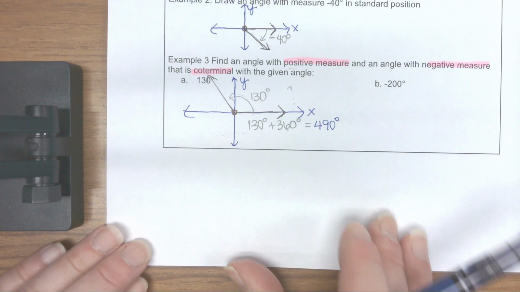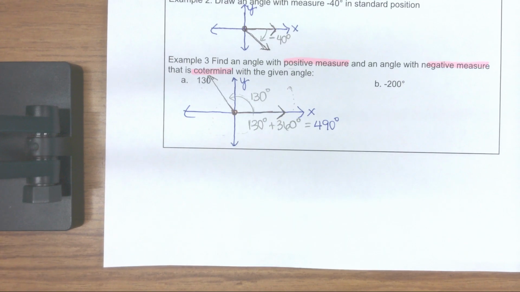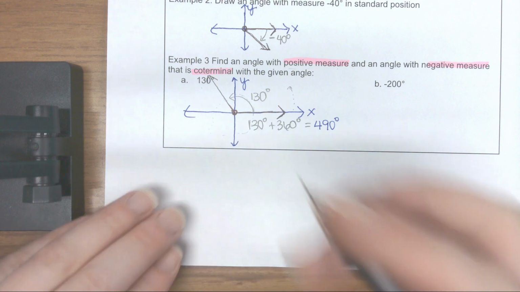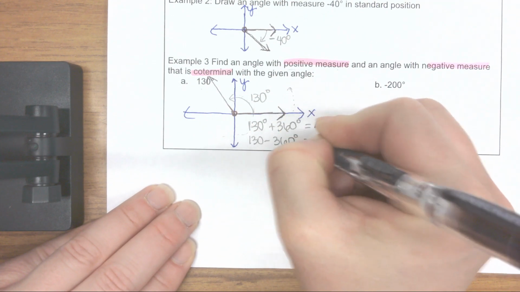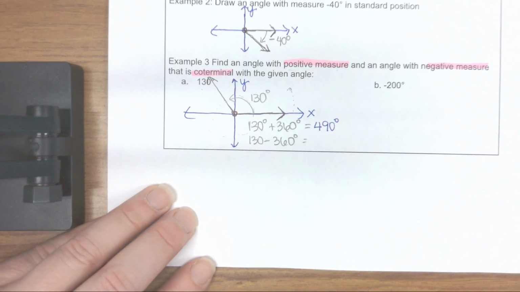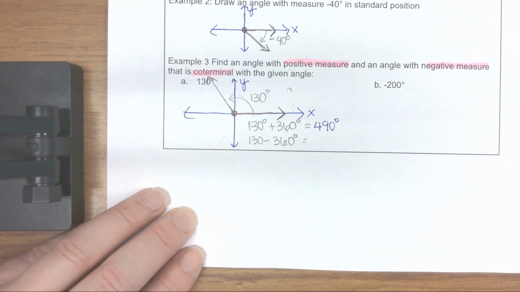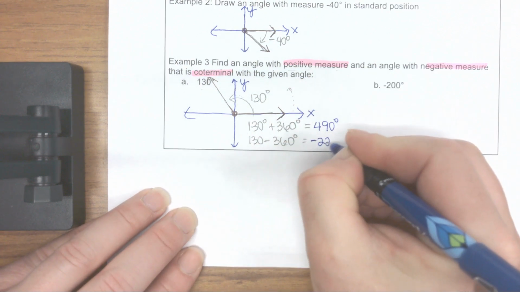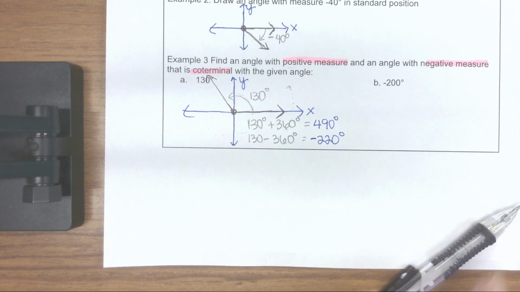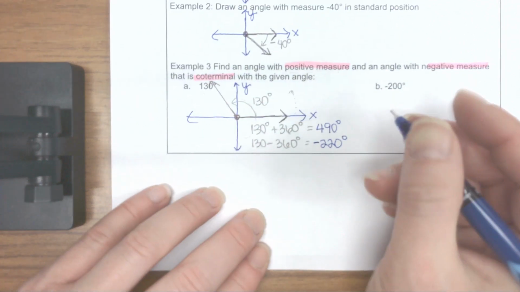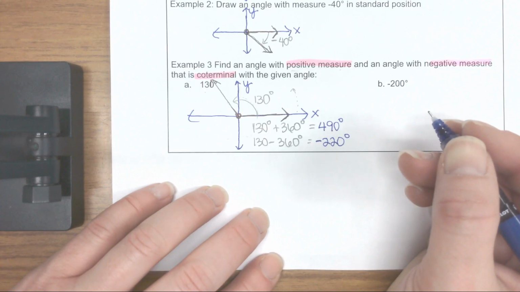All right. How about if I subtract 360 from 130? So let's do 130 and then I subtract 360. What do I get? Negative 220, and I'm going to just draw with my pencil, okay? No, it isn't 220.